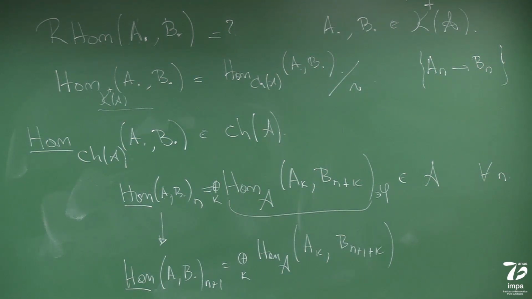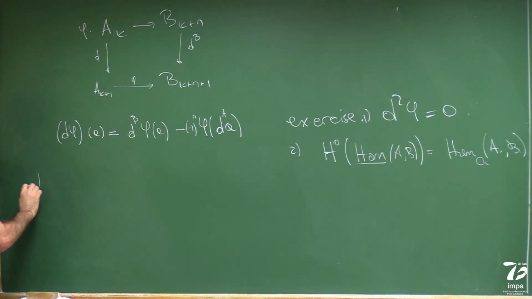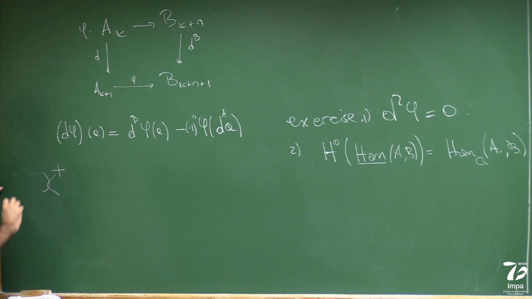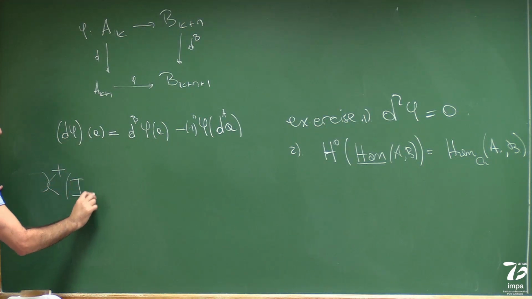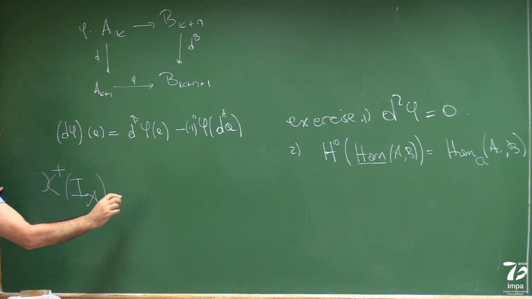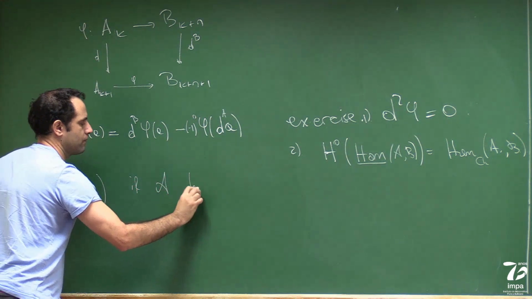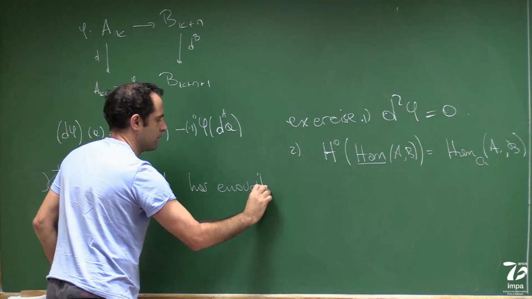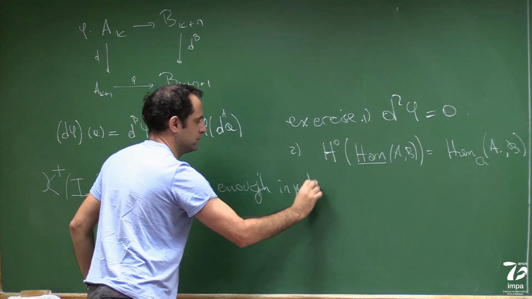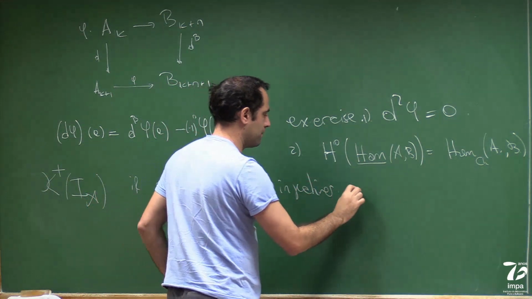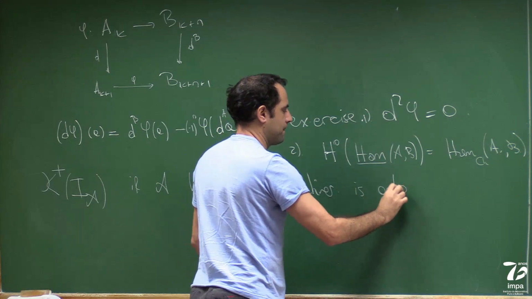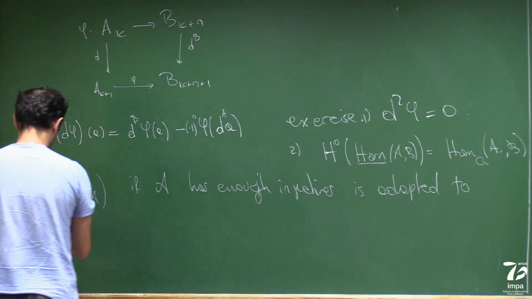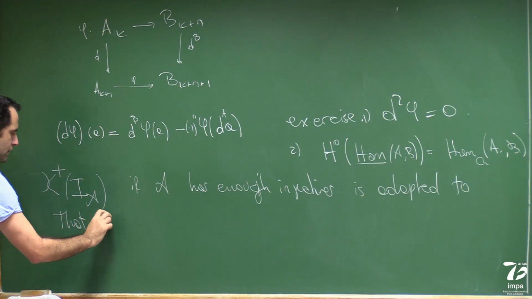Okay, so the statement is that the homotopy category of injective objects in A, if A has enough injectives, is adapted for that Hom. To that functor.